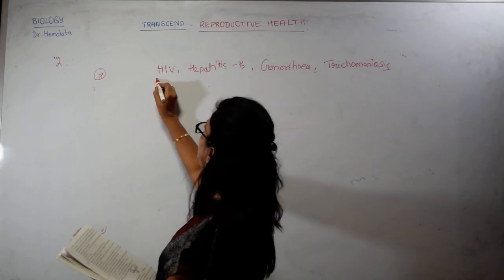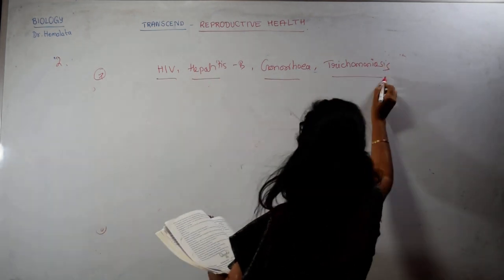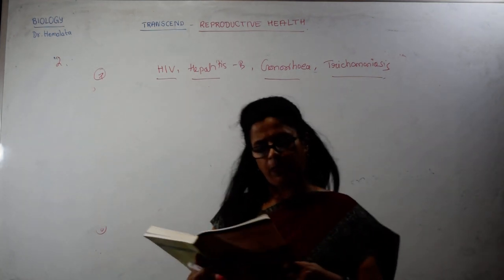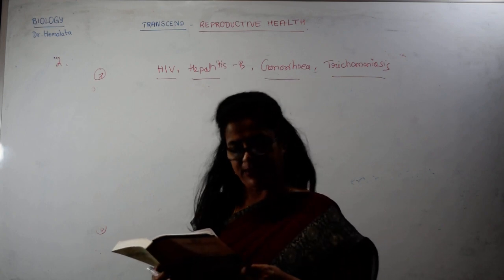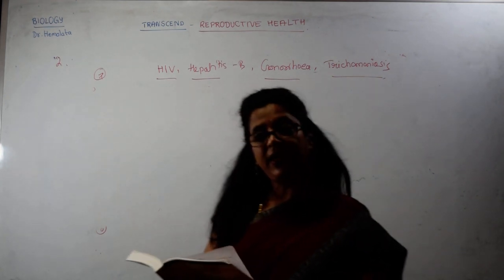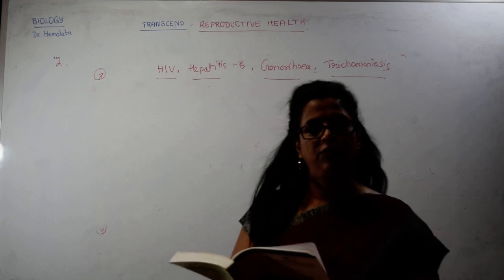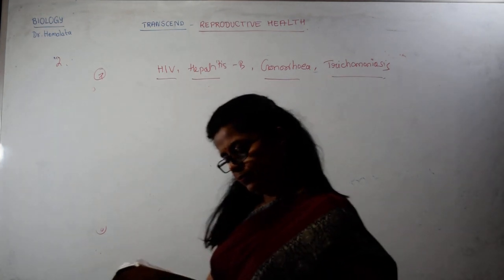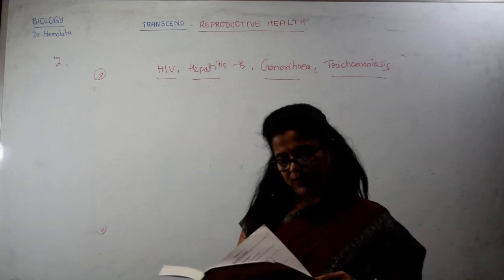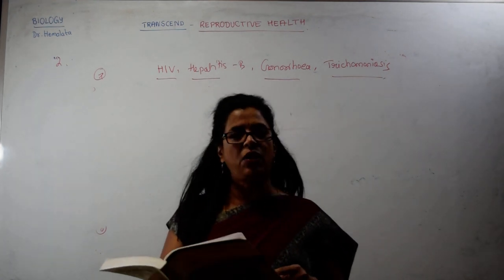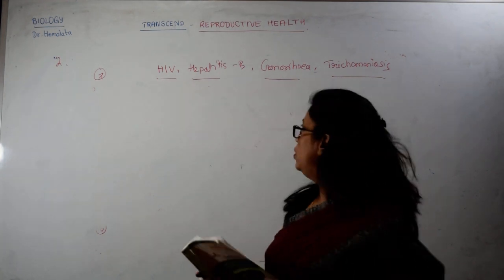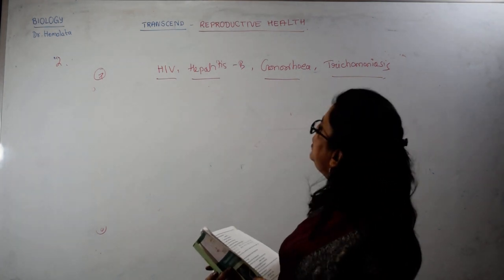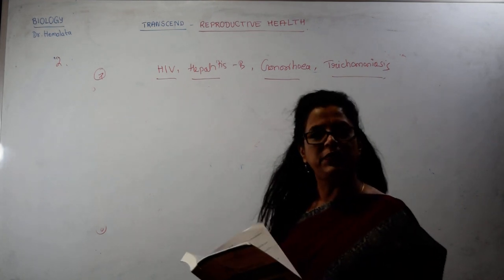Among these four, which is the right answer? Which is correct regarding these four of them? The first option given is trichomoniasis is an STD whereas others are not. But you already know, along with that, all three are sexually transmitted diseases.